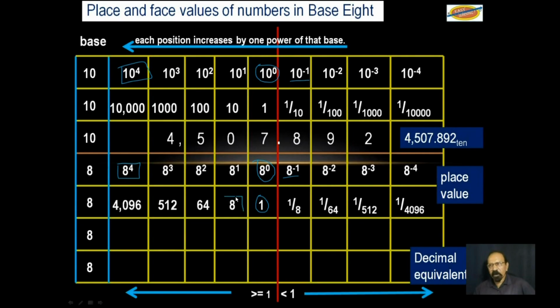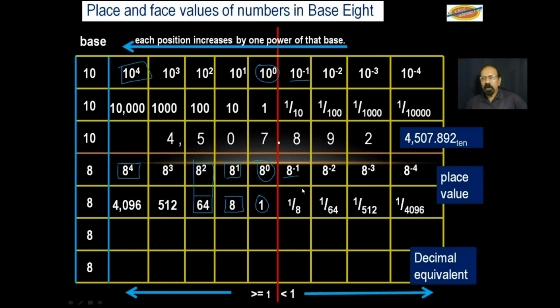Then you go to the left here, 8 to the 1st power, which is 8. Then next position on the left, 8 to the 2nd power, which is 64. That is its place value. And so on. On to the right, it will be 8 to the negative 1 power, which is 1/8.